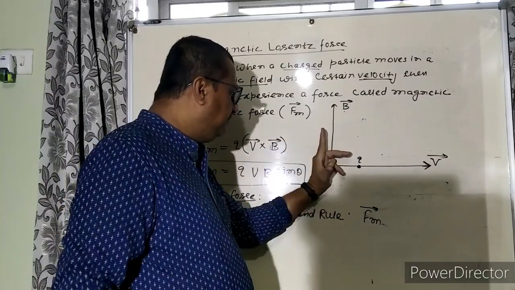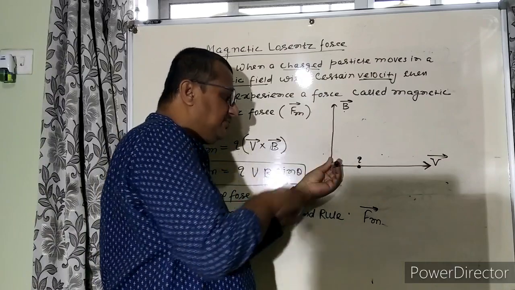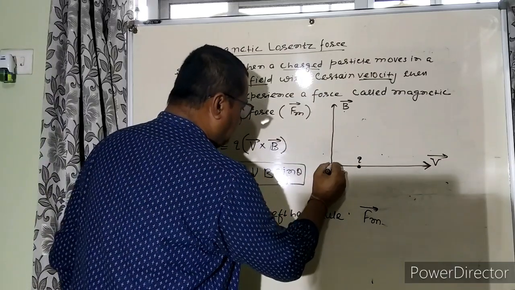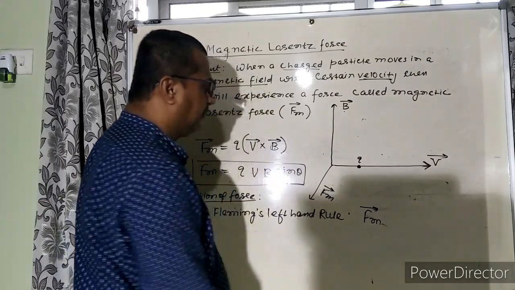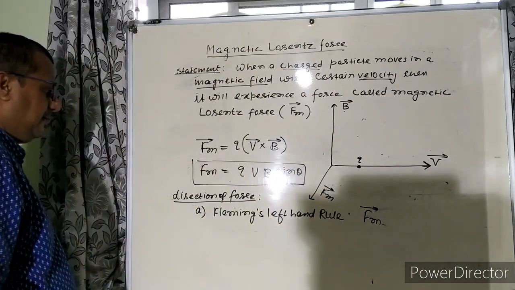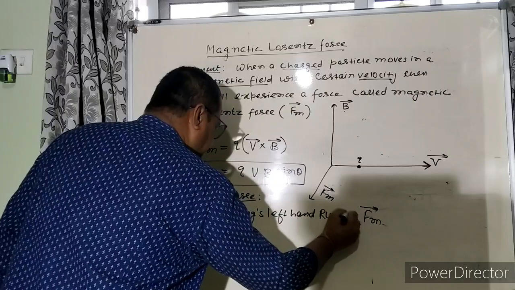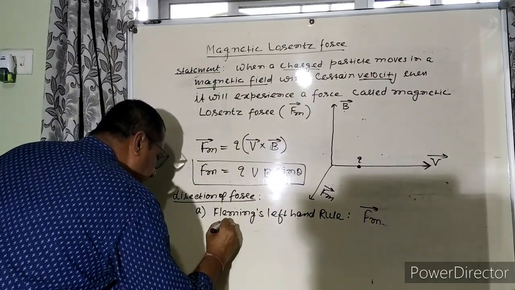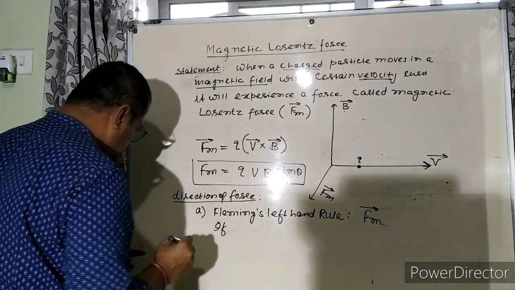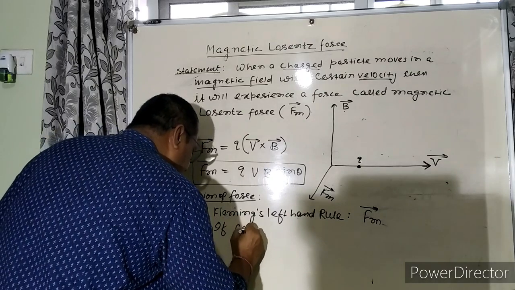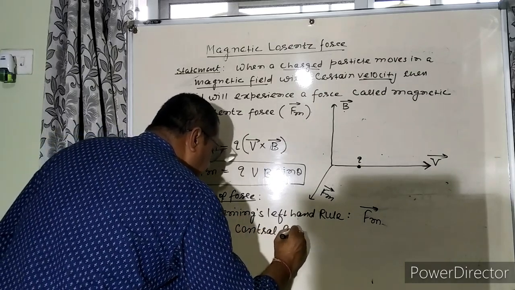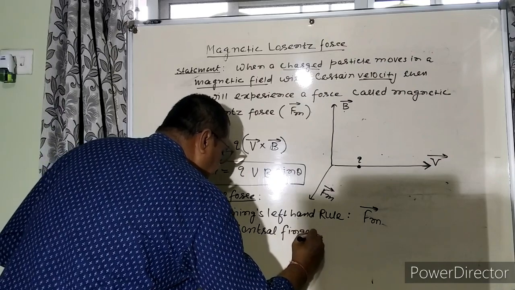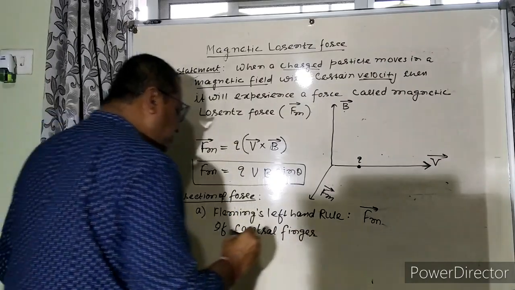This is the outward direction, so this is the z-axis, and this is the force.